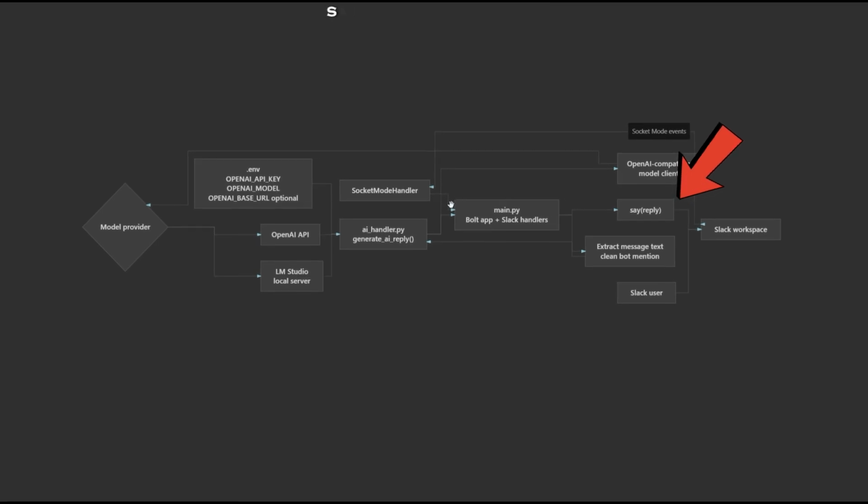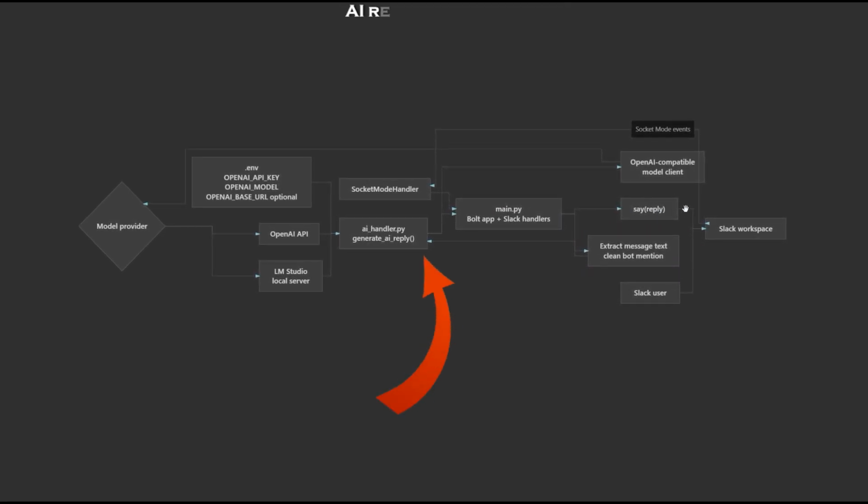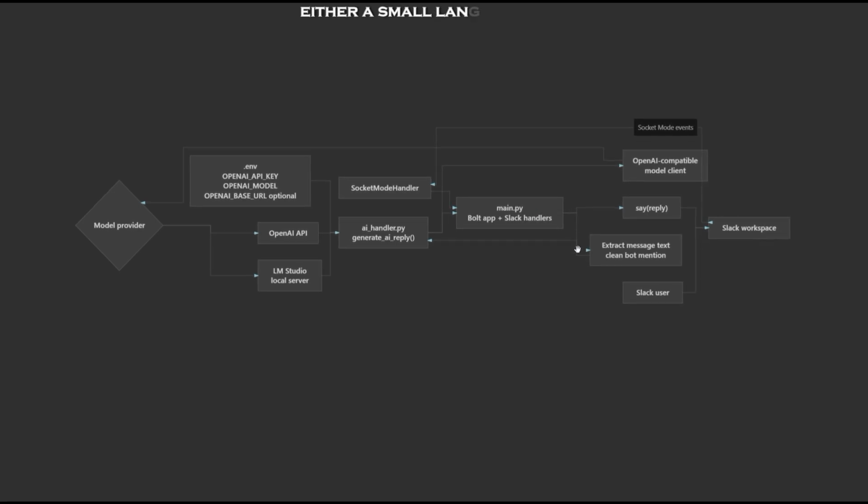Now, before it calls the say reply, we clean the text and remove bot mention markup from the message body, and we call generate AI reply to return us an answer string using an AI model, either a small language model or a large language model.